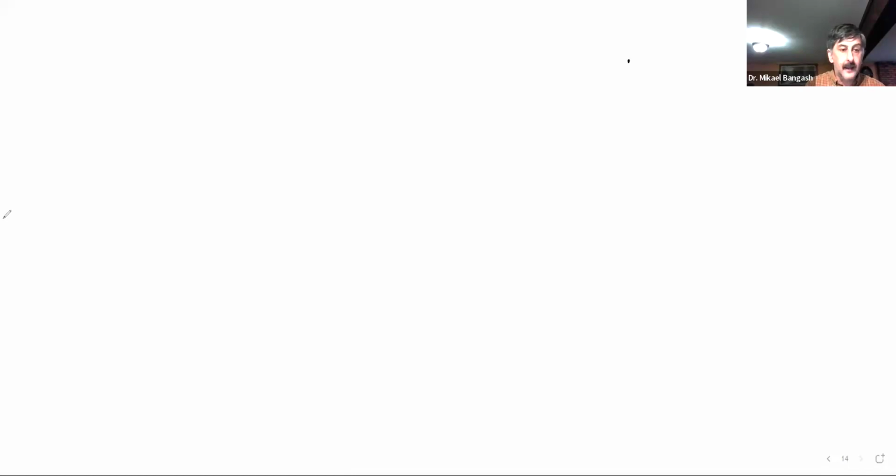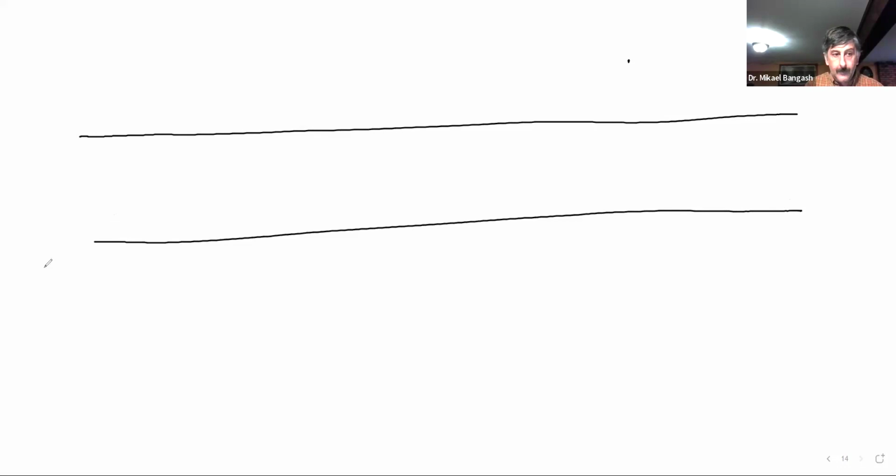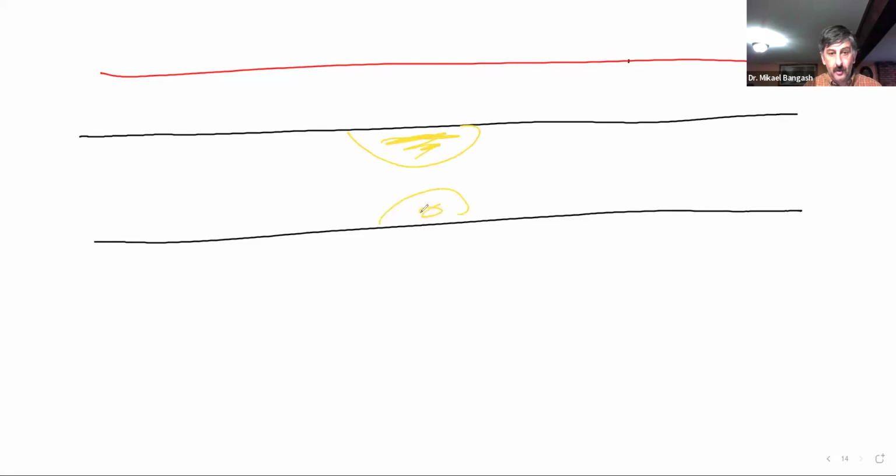So we will find that on our second slide. Now we had our blood vessel, and we said the blood was flowing in this direction, at whatever speed. Here we had a stenosis.